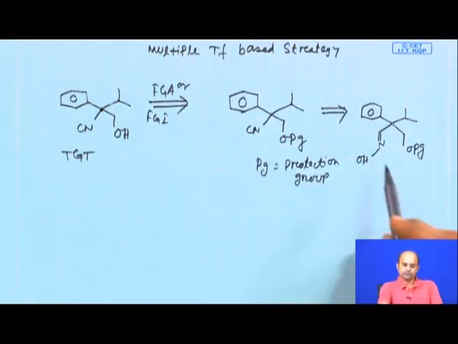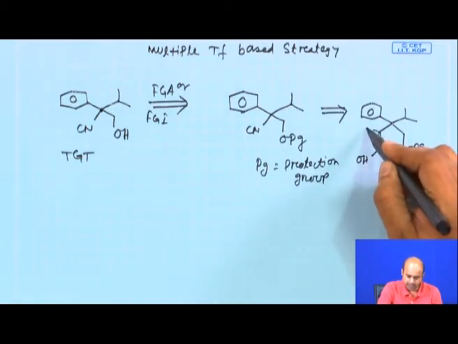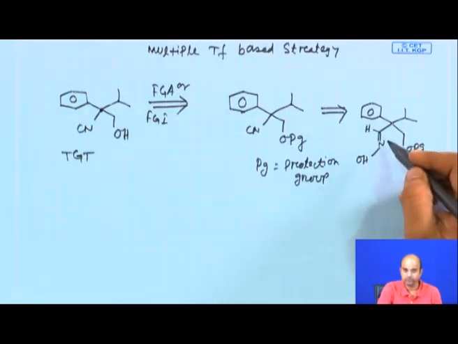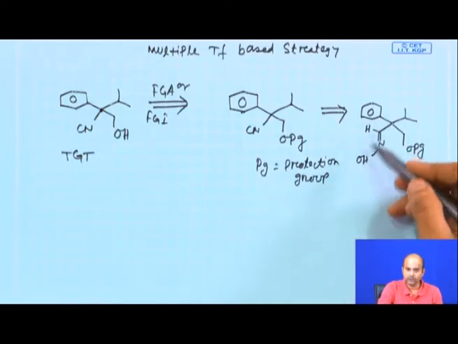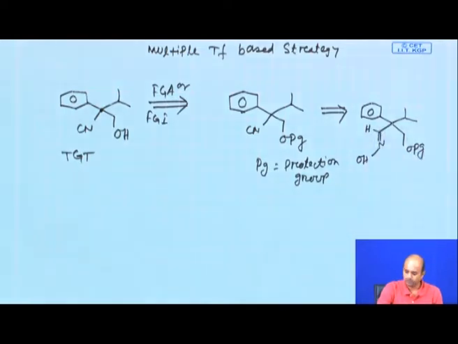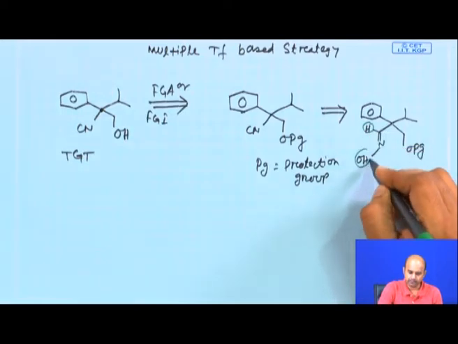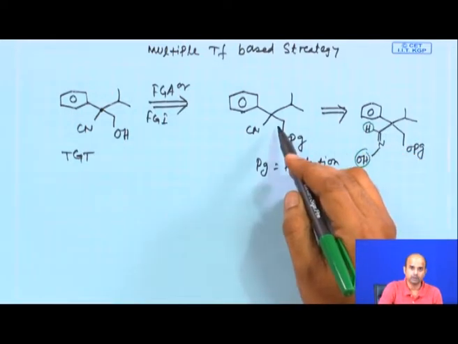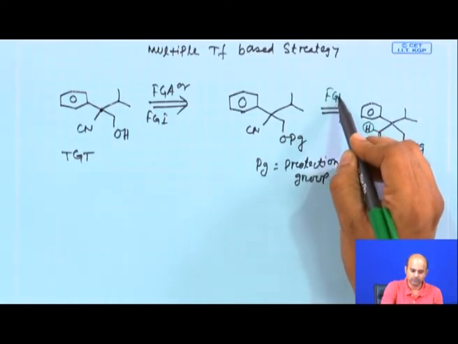Now, this compound is the aldoxime, meaning aldehyde oxime. If you treat an aldoxime with a dehydrating agent, mainly phosphorus pentoxide, water will be eliminated and you get the nitrile compound. So, what is this? This is basically a functional group interconversion, fine.